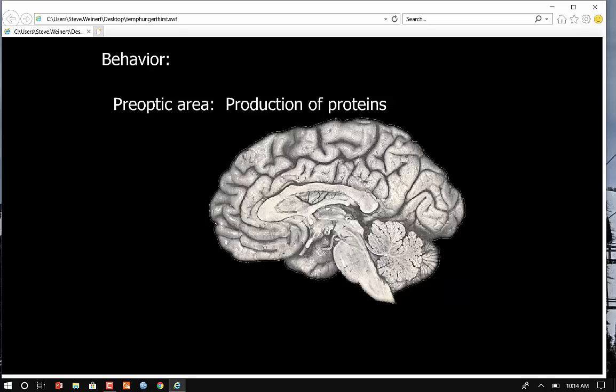Fluids are pretty easy to understand. This is called a nephron. So what we have here is a blood vessel. Super easy.